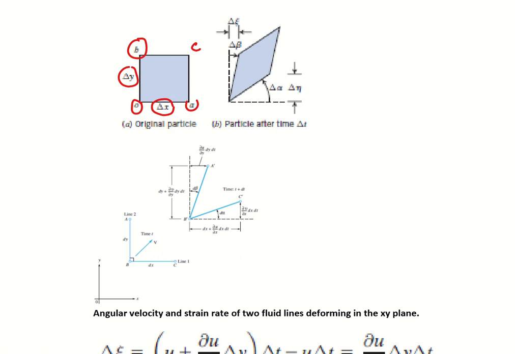Delta x delta y signifies that these dimensions are of infinitely small order. So this is the original particle at time t, and in flow field after time delta t, what happens to this particle? This particle is deformed like this one.